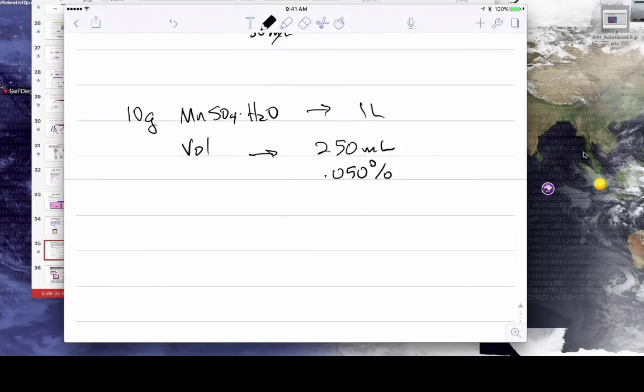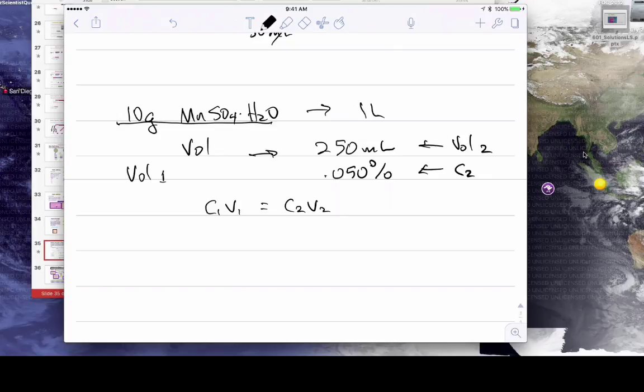In this particular problem, we have 10 grams of that. What we need to do is figure out what the concentration of this particular chemical is. We need to know the volume 1, because we have the volume that we want to prepare, and we have the concentration of what we want to prepare. Again, it goes back to C1V1 equals C2V2.